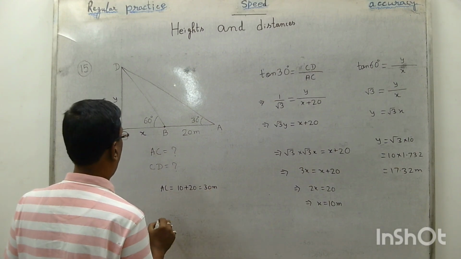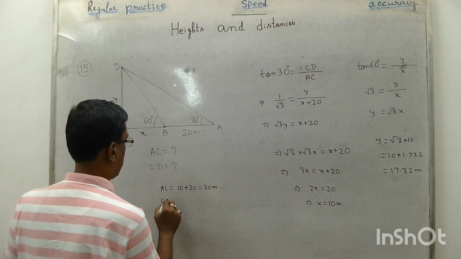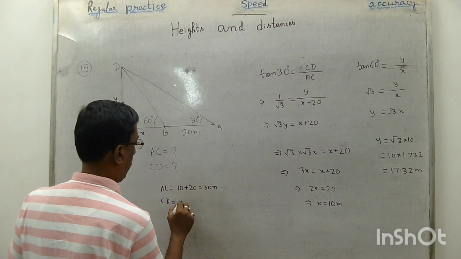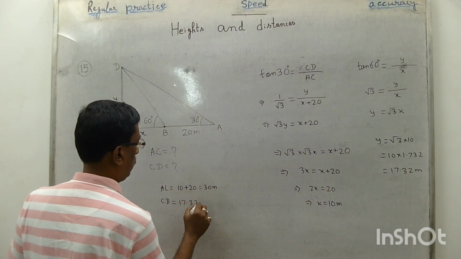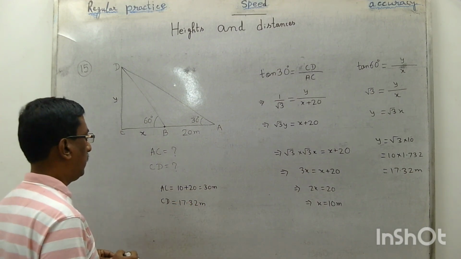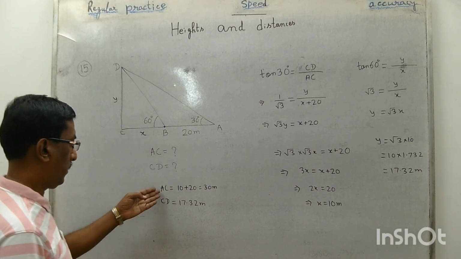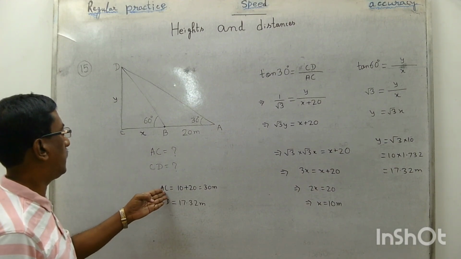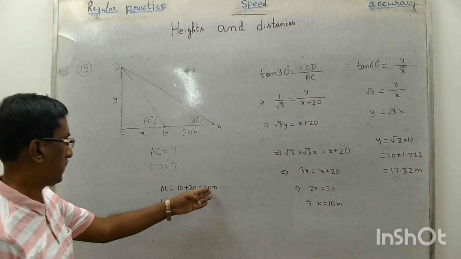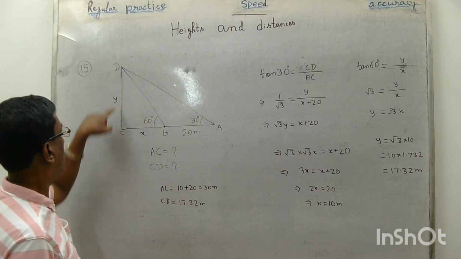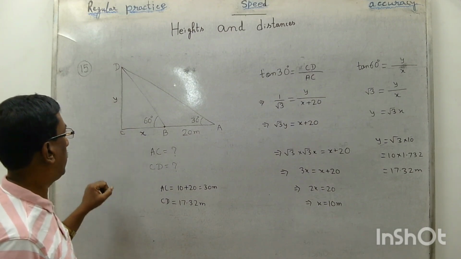And CD is Y, which is 17.32 मीटर. तो दो वैल्यू हमें निकालना होगा, वो हम निकाल चुके हैं. I have found this AC, which is 30 meter. That means this point is 30 meter away from the foot of this tower, and the height of the tower is 17.32 meter.